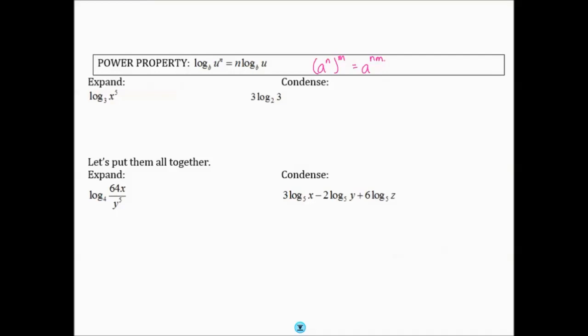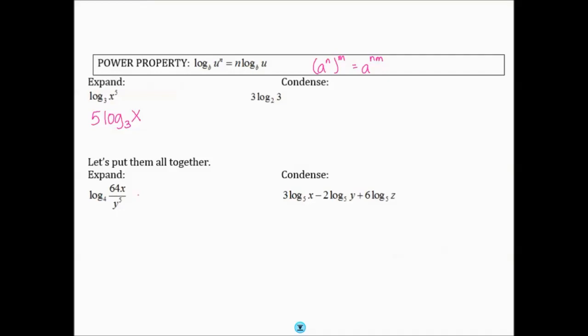So if I want to expand log base 3 of x to the 5th, I can bring the exponent out front and have 5 times log base 3 of x. And then if I want to condense, I have 3 times log base 2 of 3.